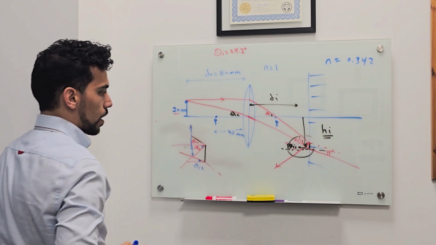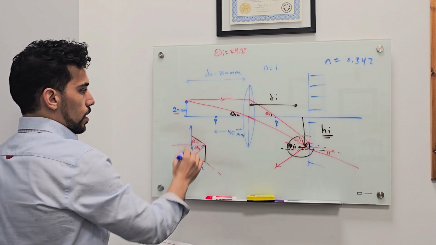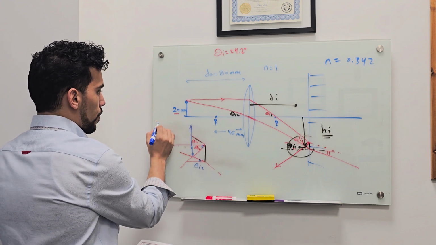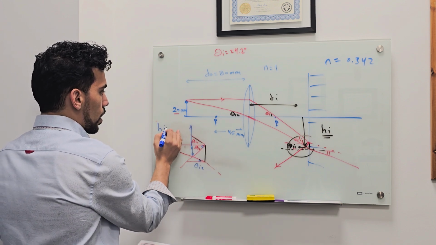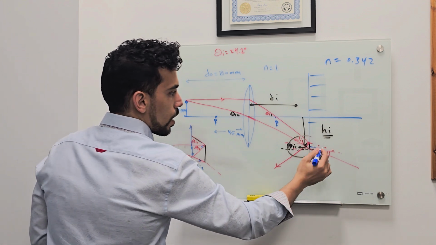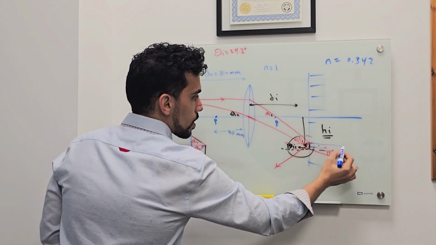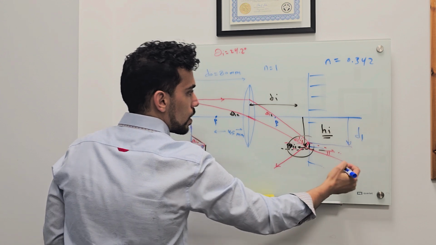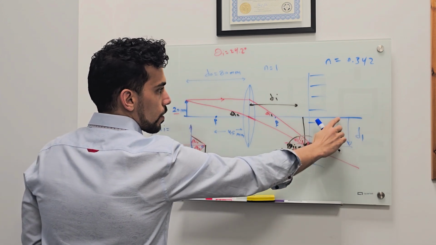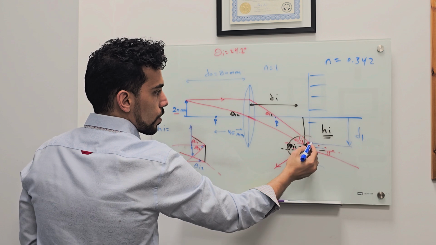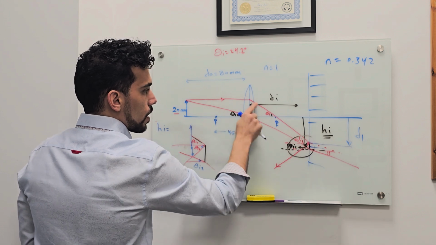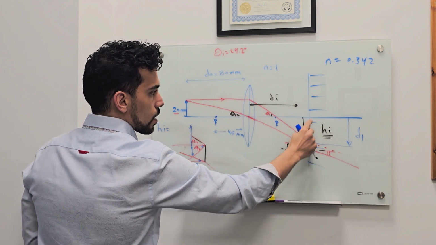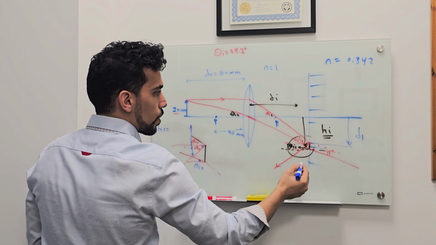So we can say that the height of the image is going to equal to, from this ray, let's say this one is going to be D1, okay, the center line to the first ray that hit this new material, so it's D1.